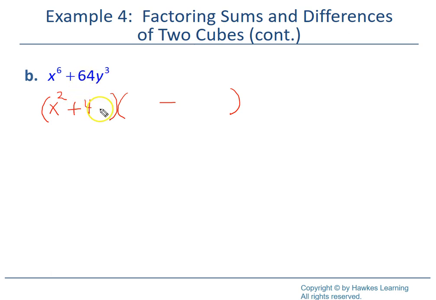So you may have to work on that a little bit. And then y. Now, why did we get x squared here? Because x squared times x squared times x squared, or x squared cubed. That's where we get the cube root of this is x squared.